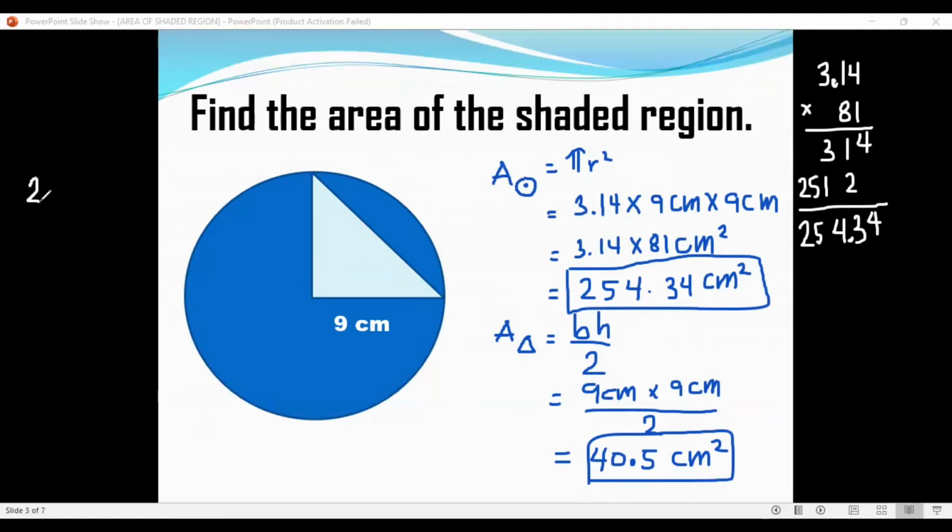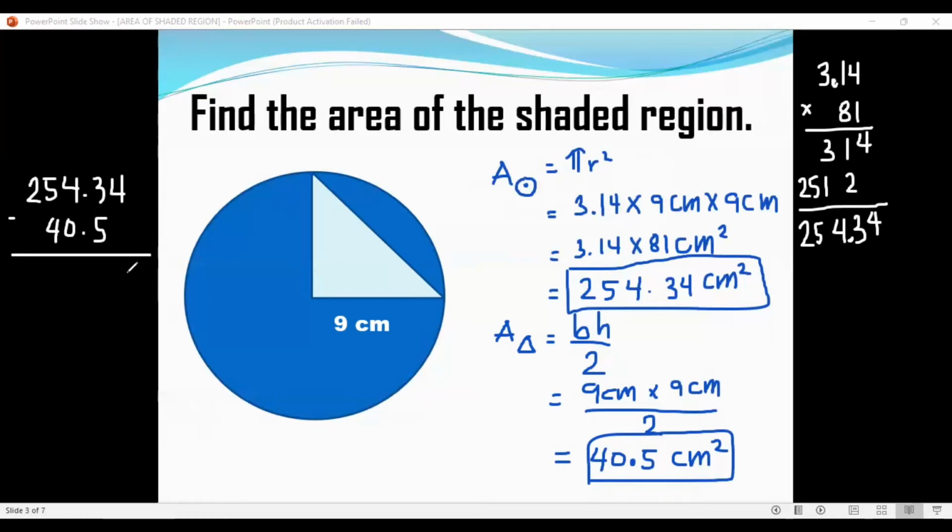We take the area of the bigger figure, which is 254.34, and subtract the area of the triangle, which is the unshaded portion, 40.5.